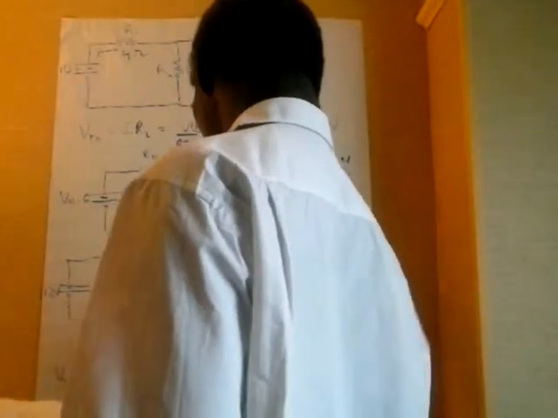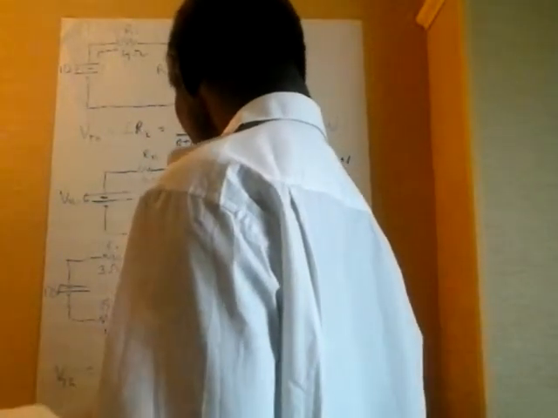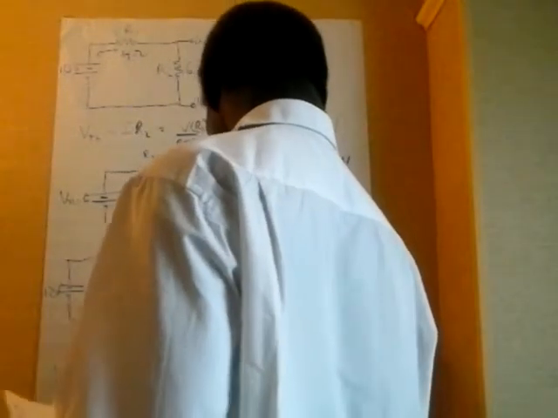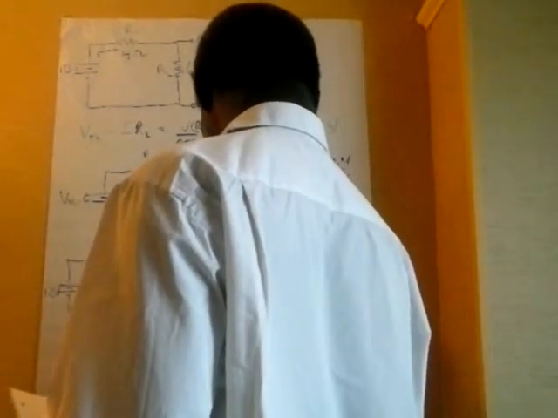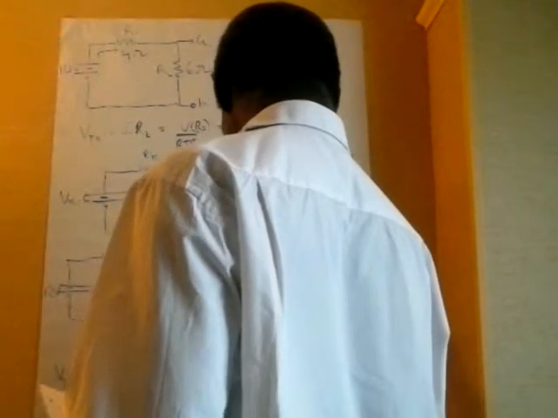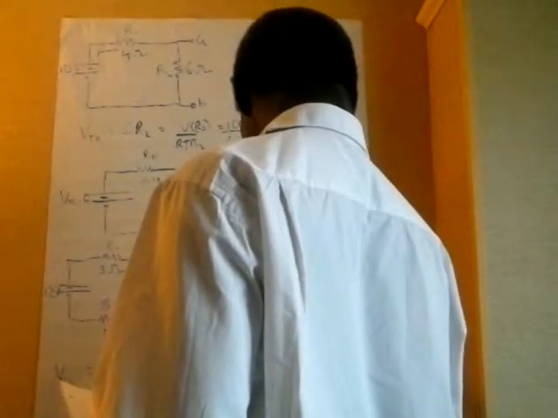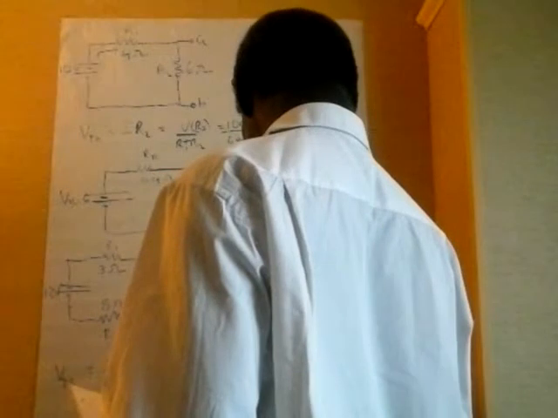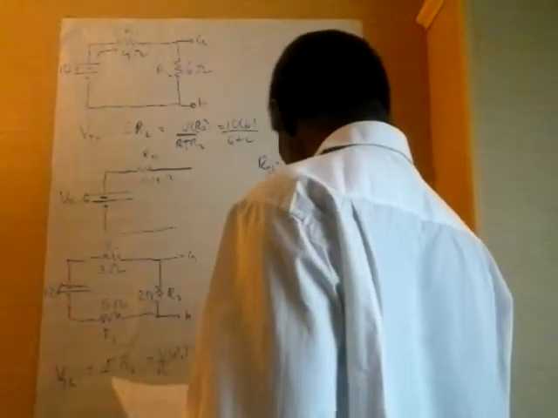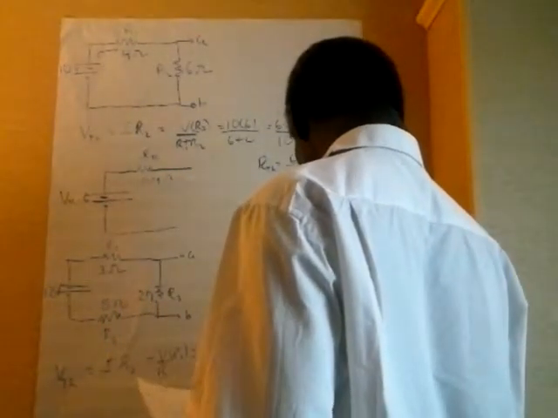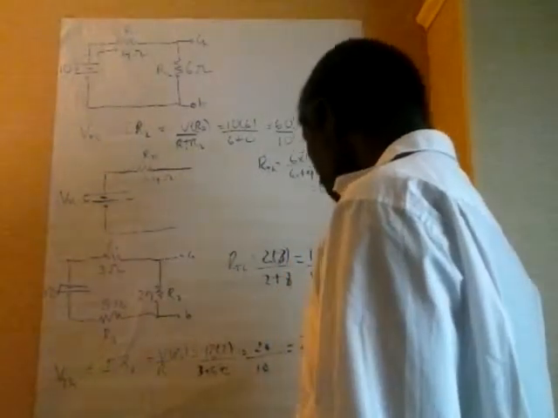And the resistance here is 3, 5, and 2, which we use to find I, because I is V over R. So it's 3 plus 2 plus 5 in series, which is 10 ohms. So that's equal to 24 over 10, which is equal to 2.4 volts. So there we have it.